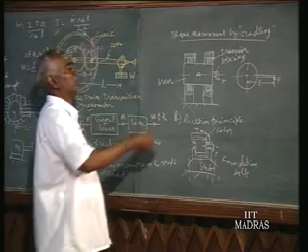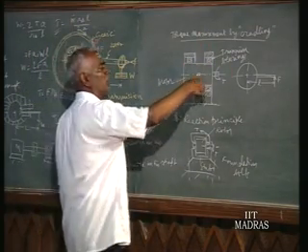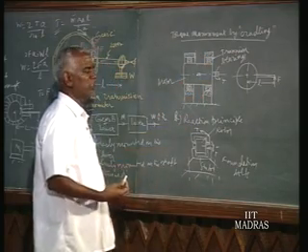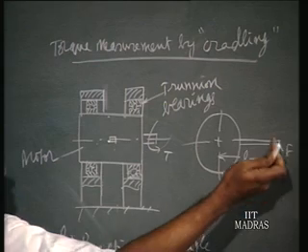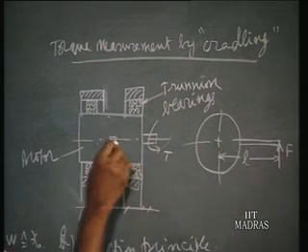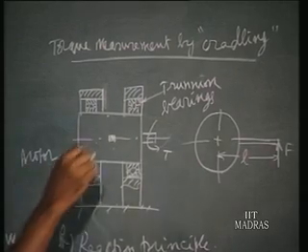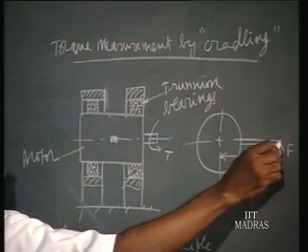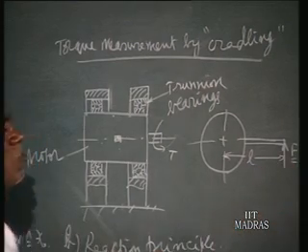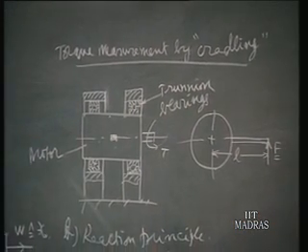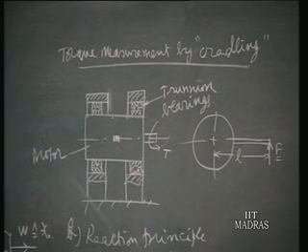So now when the rotor develops some torque, the stator will try to rotate in the opposite direction. Since it is mounted on the ball bearings, it is free to rotate. But what we are doing is we support that at the free end, and here we have connected a lever from the stator body, supported at the end by a proper support, and we can measure the force F. To measure the force F, we can use any one of the transducers or a load cell, what you have learnt under force measurement.